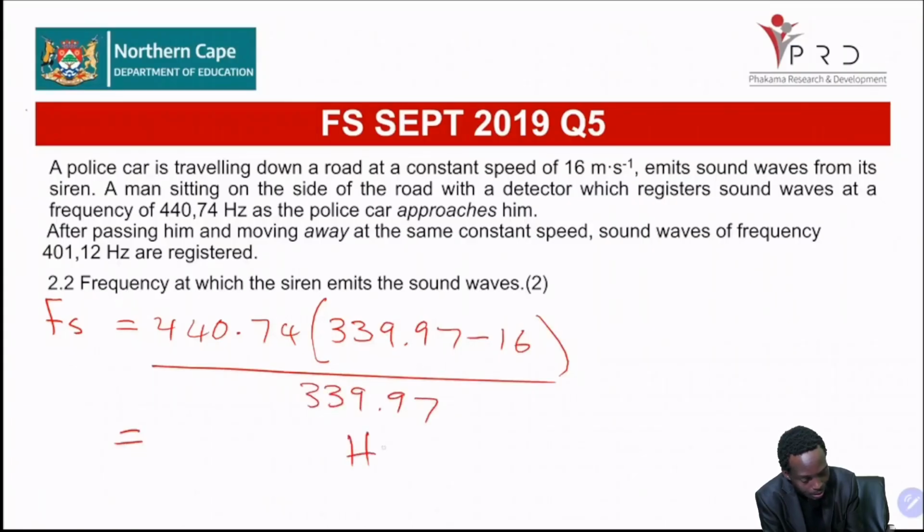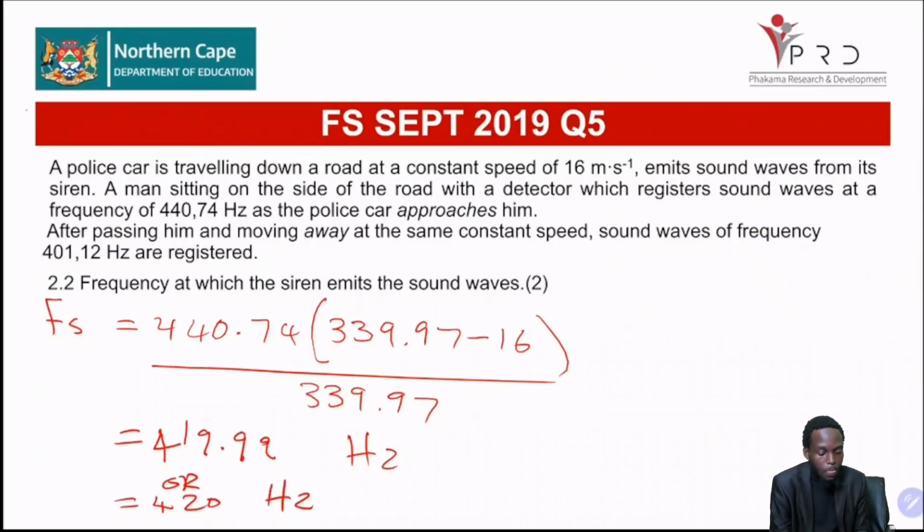And then when we plug that into our calculator, we should get our answer. So 440,74 times (339,97 minus 16) divided by 339,97. We are getting 419,99. Or if you have 420 hertz, that's also fine.